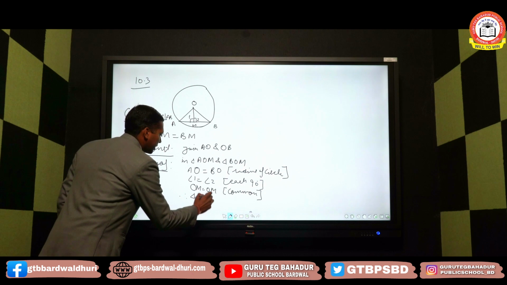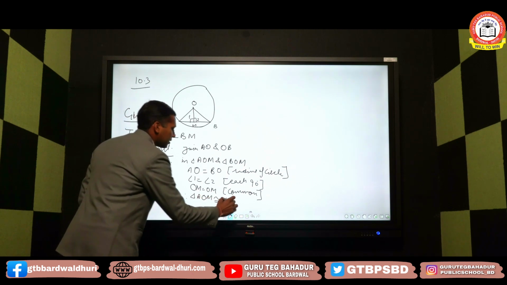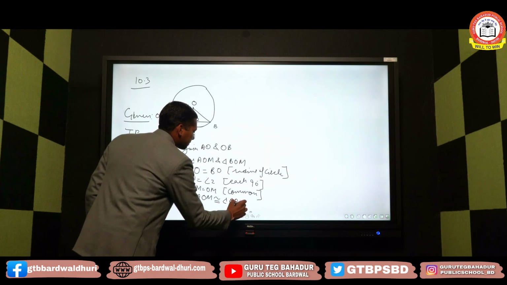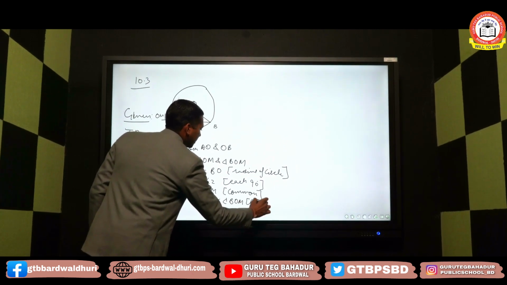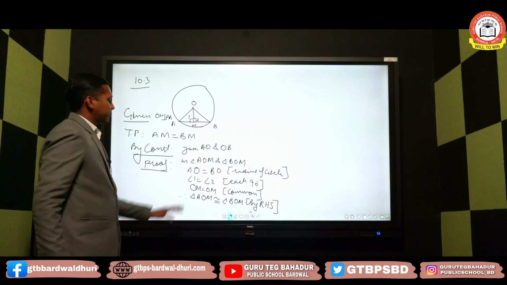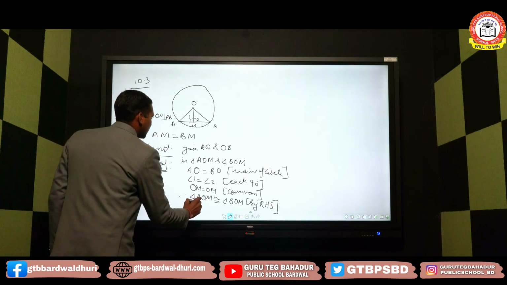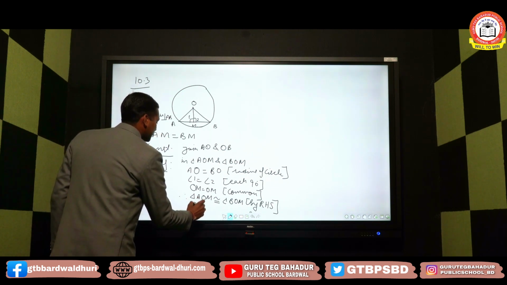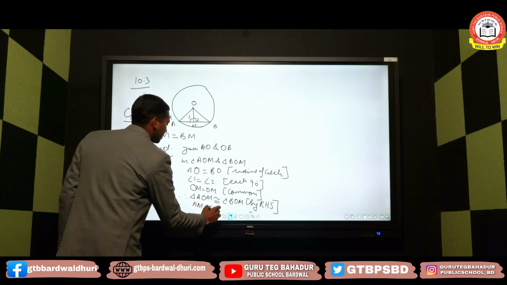Therefore, triangle AOM is congruent to triangle BOM by RHS. Once we prove these two triangles congruent, their corresponding sides are equal to each other. So AM is equal to BM.